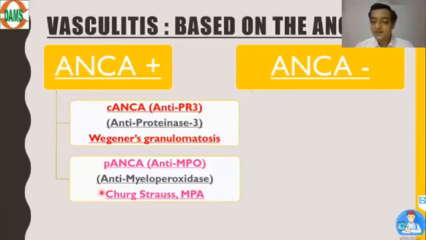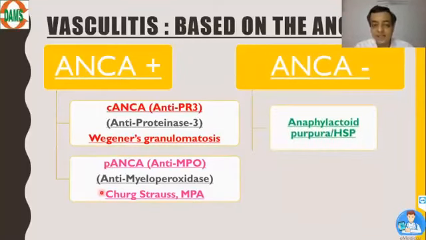Small vessel vasculitis we have subclassified into two, based on whether they are ANCA positive or ANCA negative. If they are C ANCA positive, we discuss Wegener's. If they are P ANCA positive, we must consider Churg-Strauss syndrome and microscopic polyangiitis, which we have written in the pathology list on the previous slide.